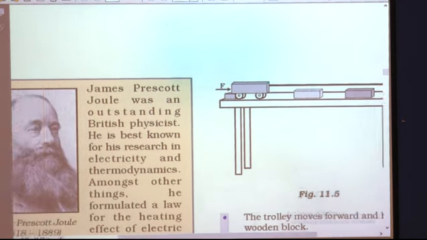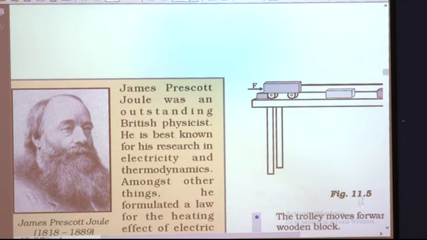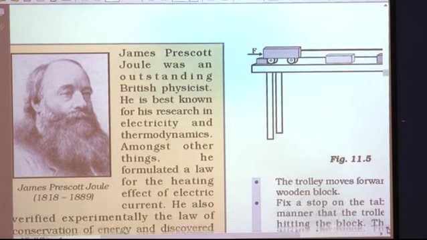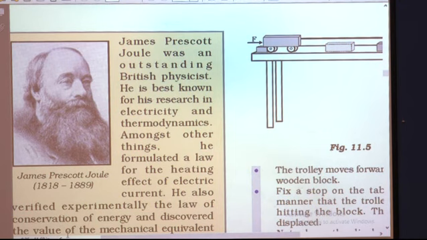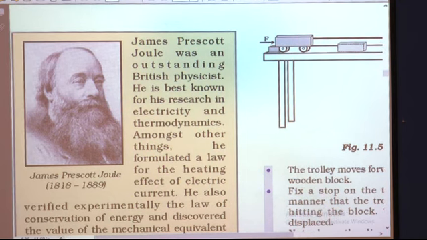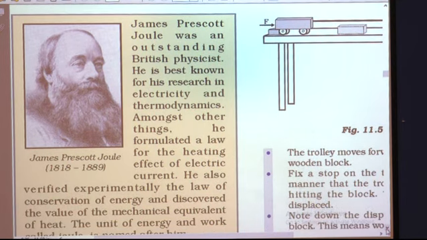Now here some information is given about joule. We know that the unit of work is joule. Similarly, we have discussed now that the unit of energy is also joule. So what is this joule? This name is given in honor of James Prescott Joule, who was born in the year 1818 and passed away in 1889.